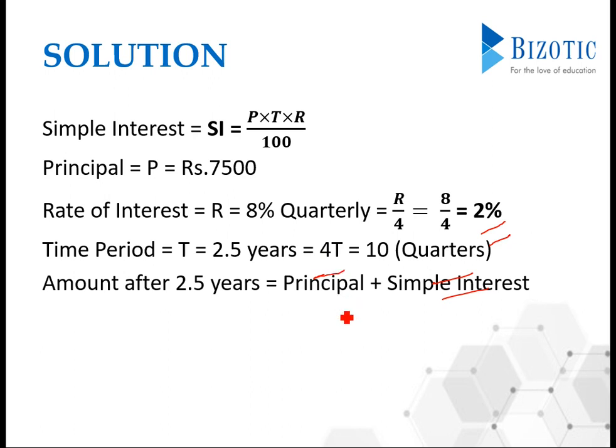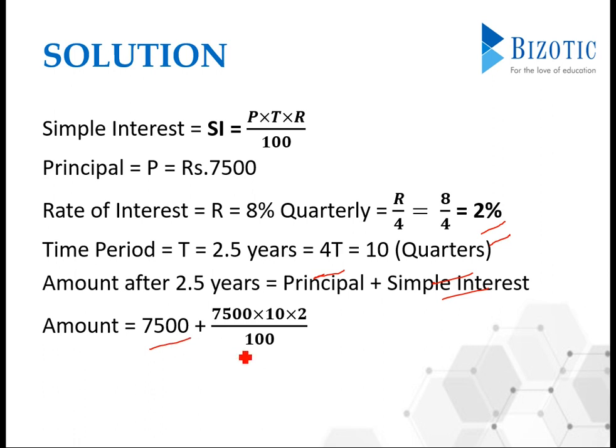Amount after 2.5 years is equal to principal plus simple interest. They have asked us to calculate the final amount. So you can either substitute into this itself or calculate SI and then find the amount. In this case we will be directly adding. 7,500 is the principal plus the SI.